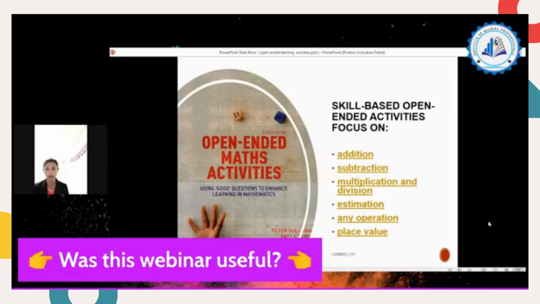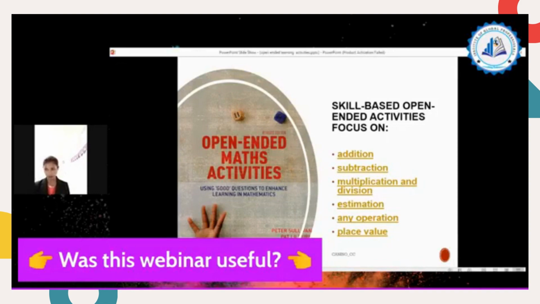You can use anything. You can go localization or indigenization, just like what Mr. Frederick Lapitan said earlier. Using the skill-based open-ended activities, they can enjoy adding or subtracting numbers, enjoy their problem-solving activities, place value, and also estimation or rounding of numbers. They're going to enjoy math and naturally find ways to answer it.